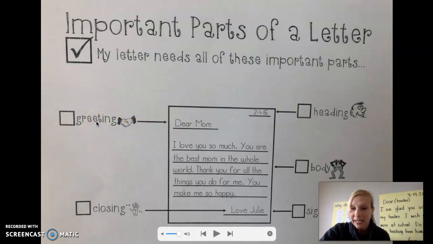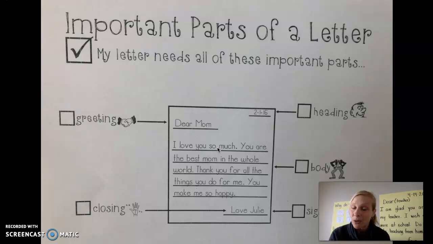Then we have our greeting. Our greeting is a fun way to start out our letter. In this letter, we chose the word dear. Dear Mom. After the word dear, it's very important that you don't forget to write who the letter is for. The next part of our letter is the body. This is where you're going to write about what it was that you were thinking about from the first page.